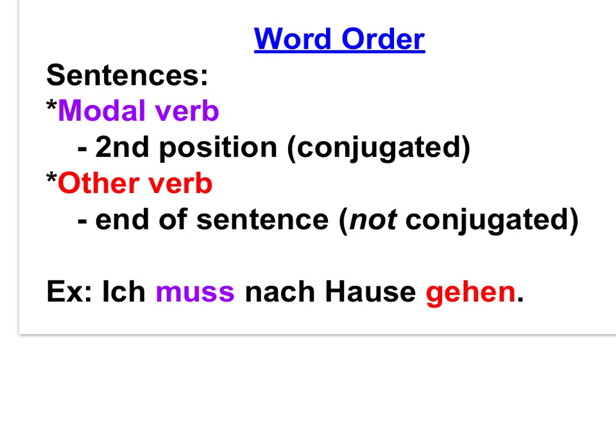Okay. So what does ich muss nach Hause gehen mean? I must go home. Yep. So when we see muss, it's easy to think must because they look fairly similar.